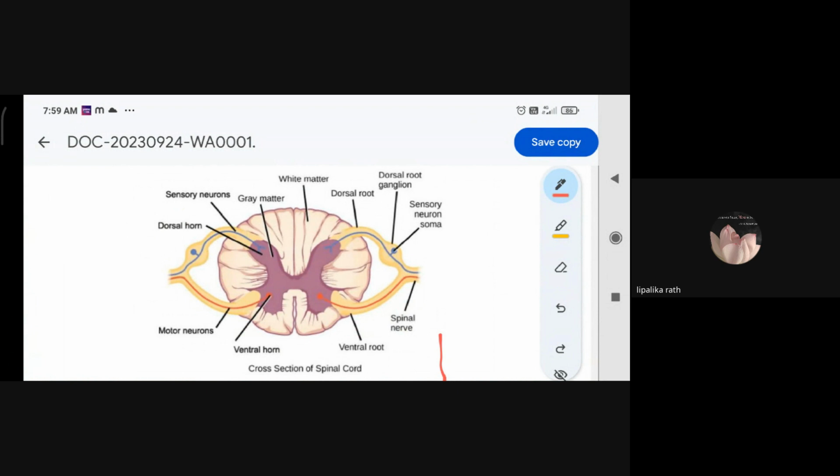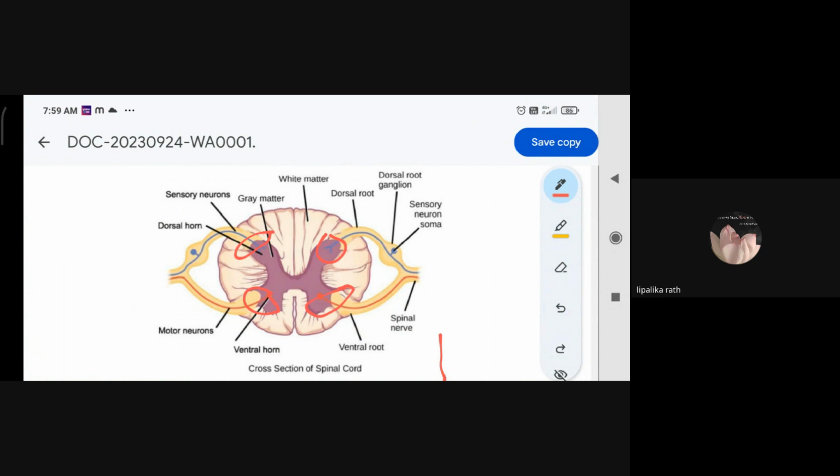So you can see in this picture, this H-shaped or butterfly-shaped structure is gray matter in the spinal cord, and on the outside you can see white matter. Since it is H shaped, we can see 4 horns, 1 2 3 4.